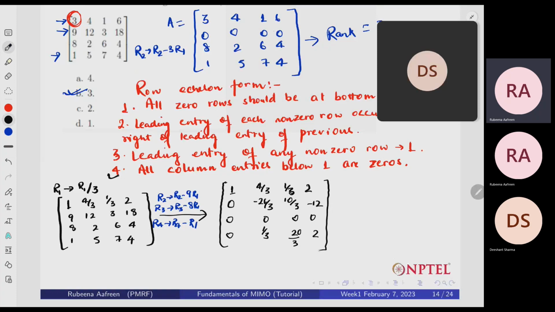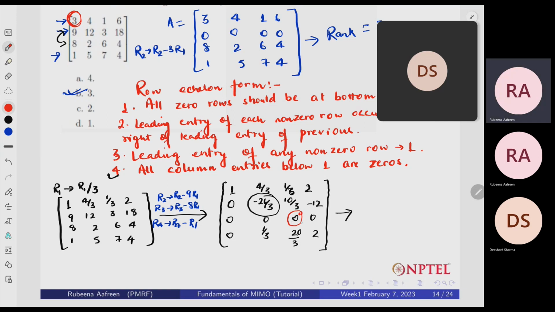Here we have replaced this row with this row because the second pivot is coming as 0. And after that, same method you apply. First, we have to make this one entry as 1. After that, make all the elements below this term 0. After that, we have to choose the third pivot.